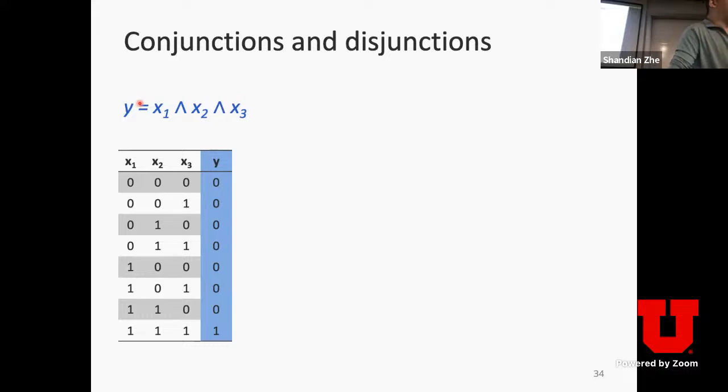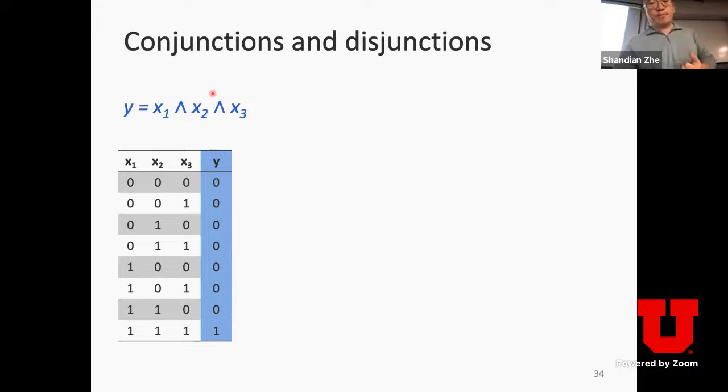Yes, exactly. So we need to look at the property of this conjunction rule. What's the conjunction rule? It is only 1 when all variables are 1s. If any variable is not 1, like being 0, the conjunction will give 0 or false. Because x1, x2, x3 are just Boolean variables, they can either be 0 or 1.